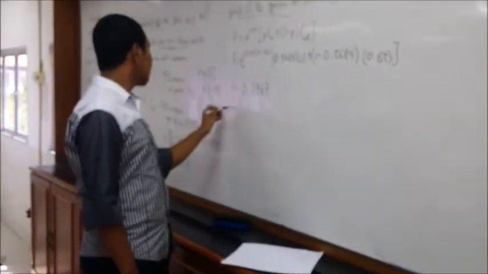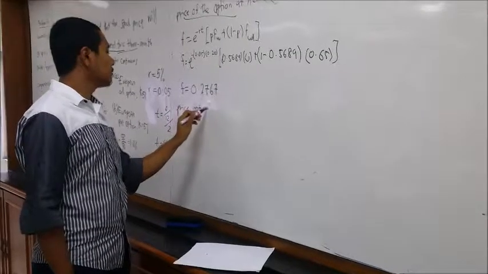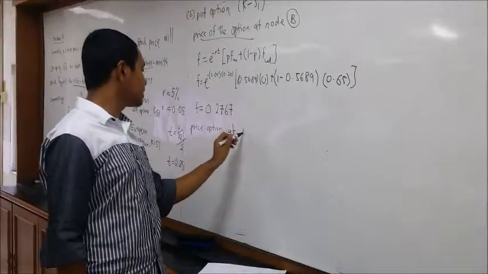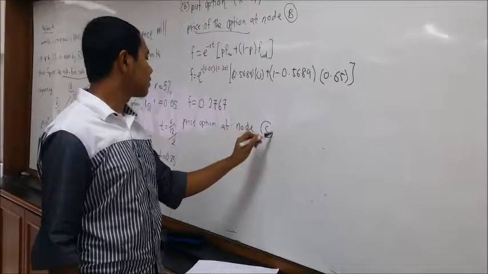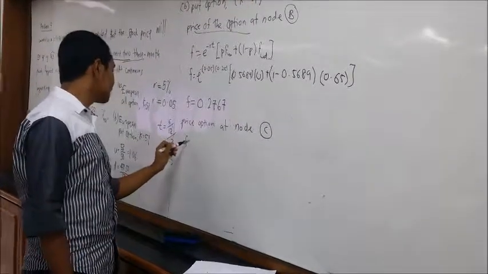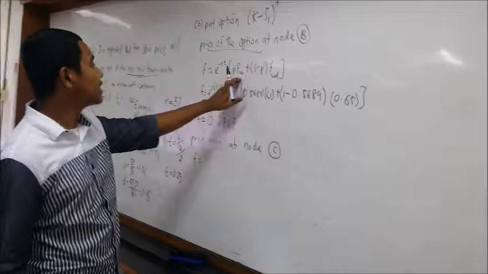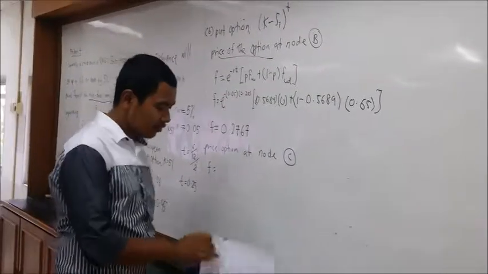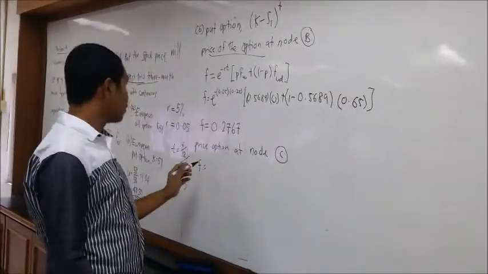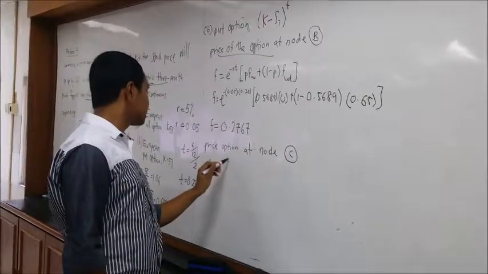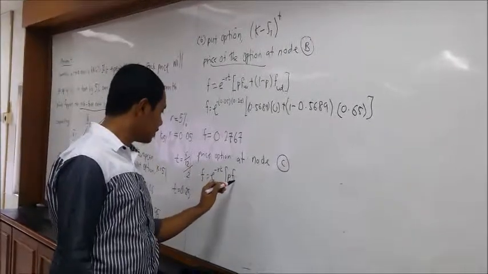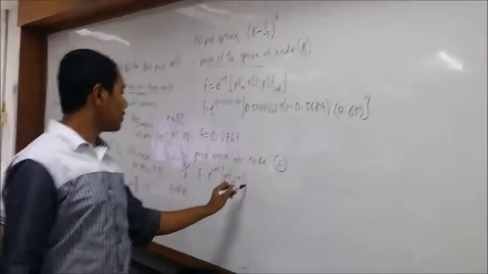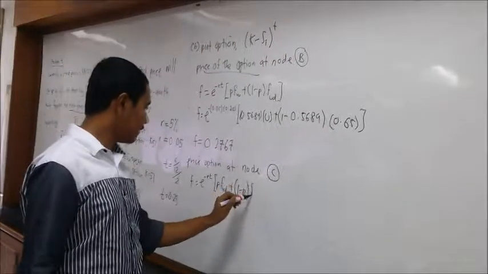So we go to the price of the option at node C. Same as for the call option, use the same formula, but the difference is FUU and FUD. For node C, we use exponent negative RT, P FUD plus (1 minus P) FDD.